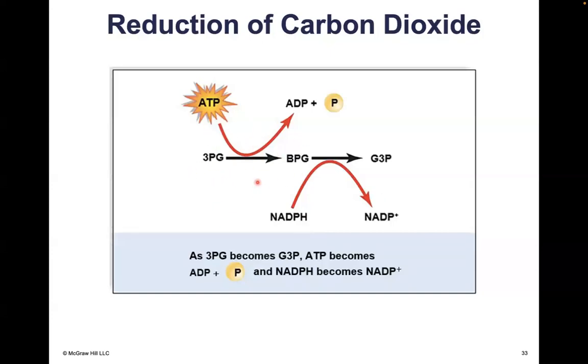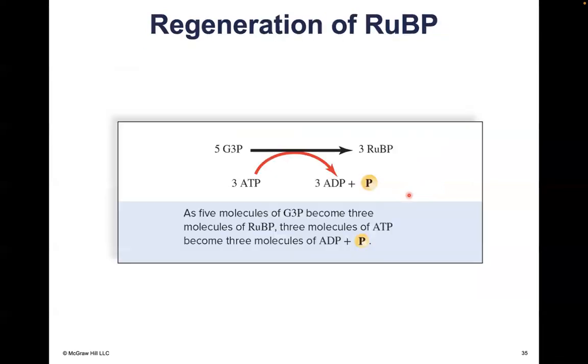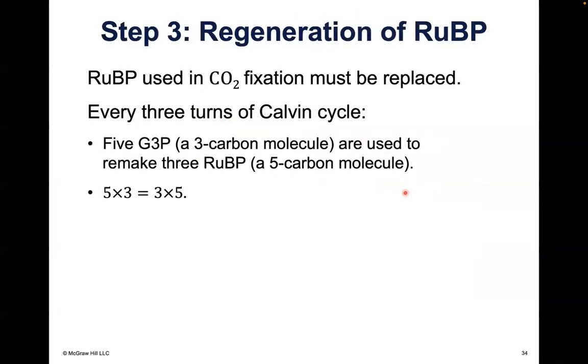It is the conversion of 3PG to BPG that uses ATP, and the conversion of BPG to G3P is the one that uses the NADPH and produces NADP+. So the third stage is the generation of RuBP.